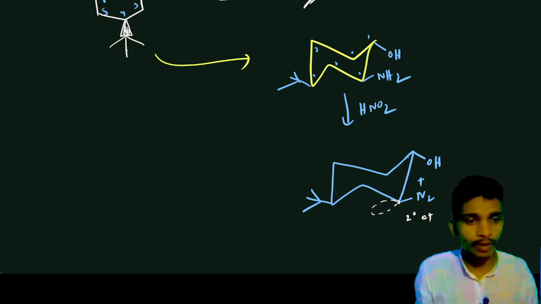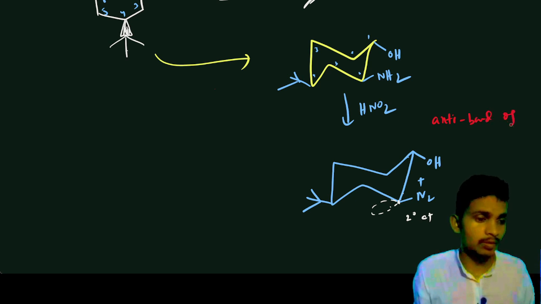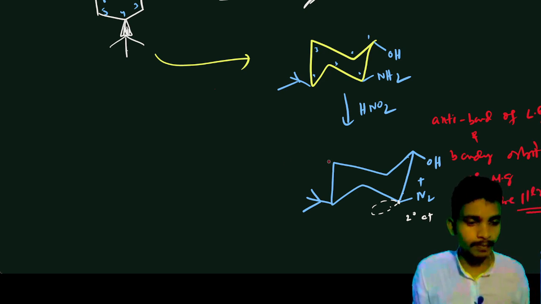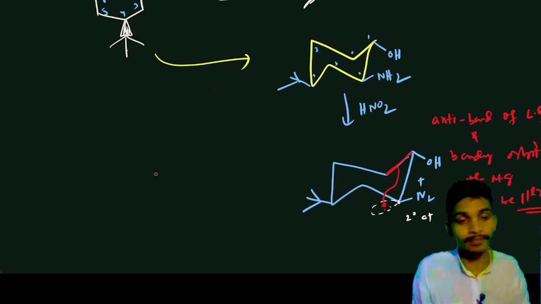Okay, now what will happen? What anti-periplanar relation means is that the antibonding orbital of the leaving group and the bonding orbital of the migratory group should be parallel. It means that parallel to this is this group. So this will attack here. It means what we will get now.